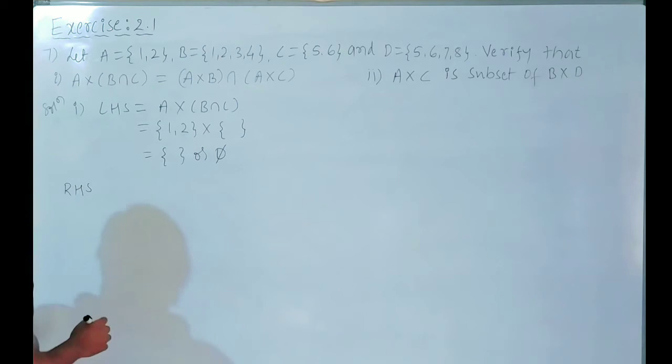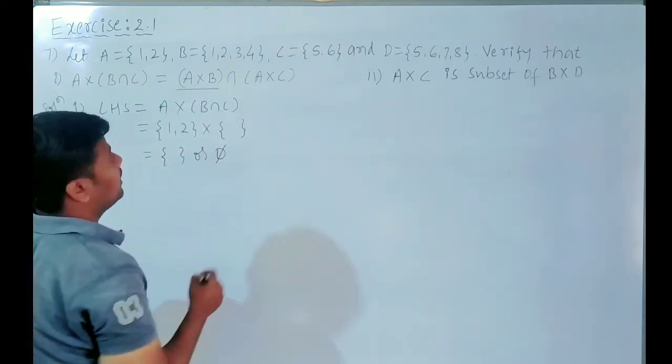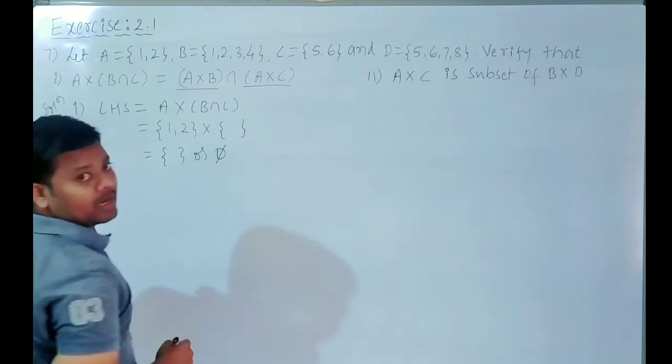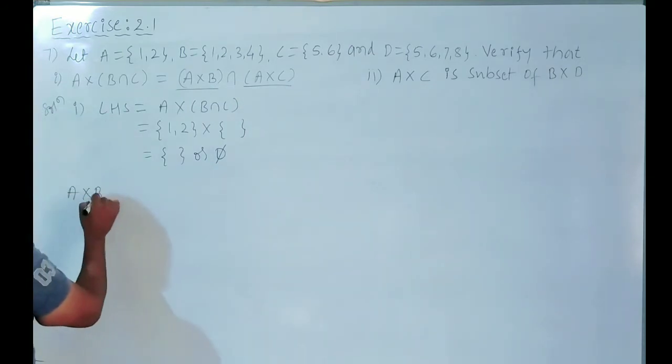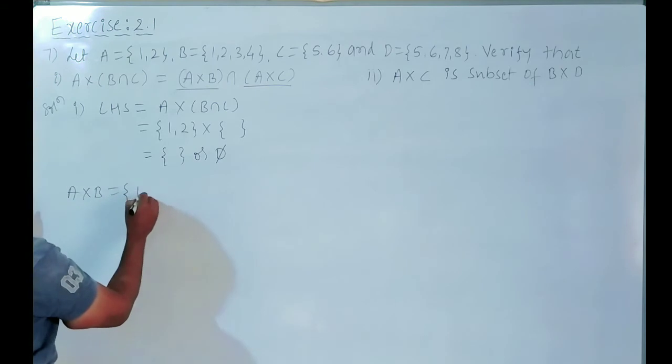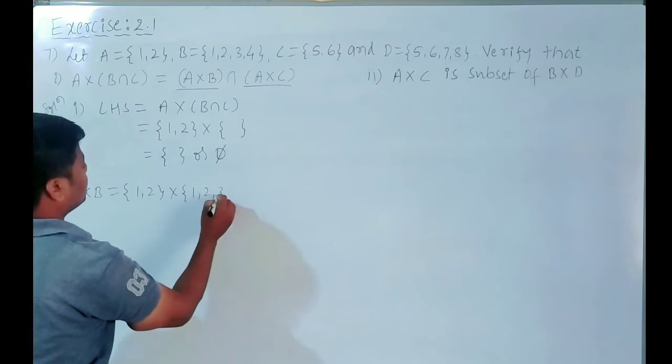Before going to check RHS, you have to find the Cartesian product of A and B and Cartesian product of A and C. Okay? Find Cartesian product of A and B. Set A is 1, 2 and set B is 1, 2, 3, 4.